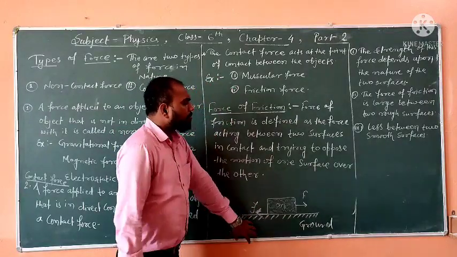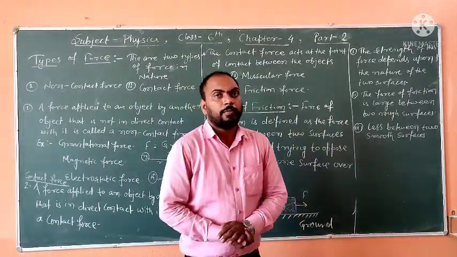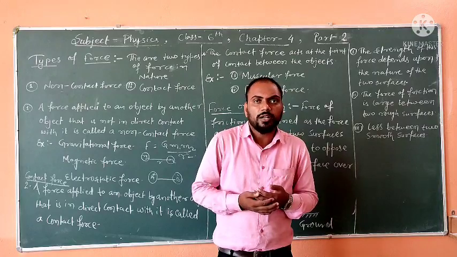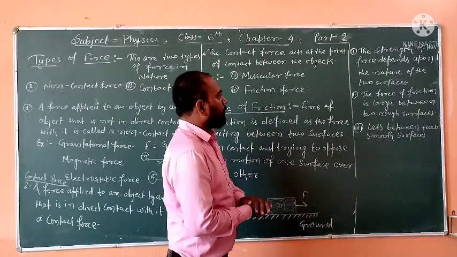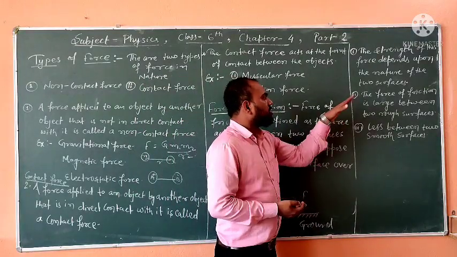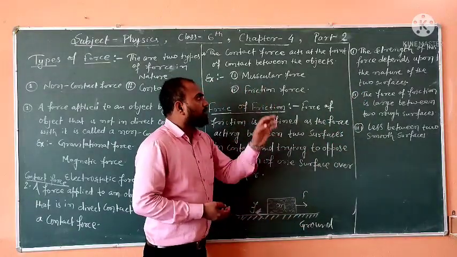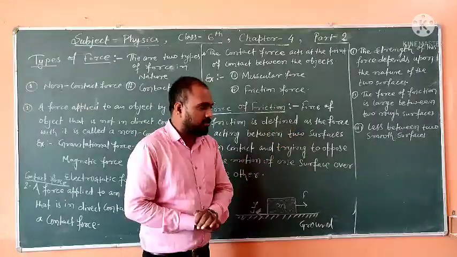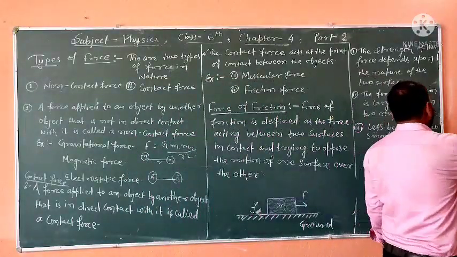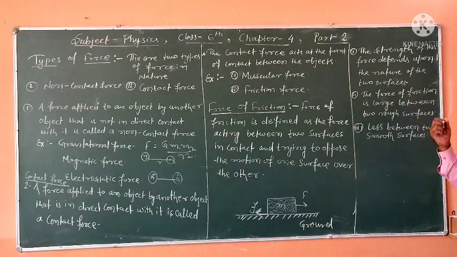Now I am coming to the next point. The strength of force of friction means how much force of friction there will be, and what factor it depends on. The strength of this force depends on the nature of the two surfaces. If I am rubbing my hand on the wall, the wall is a rough surface while my hand is a smooth surface, and there is a force of friction between them.